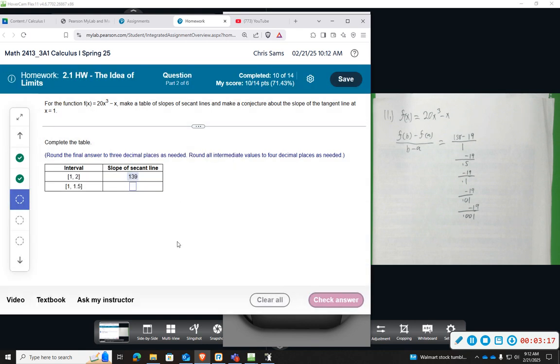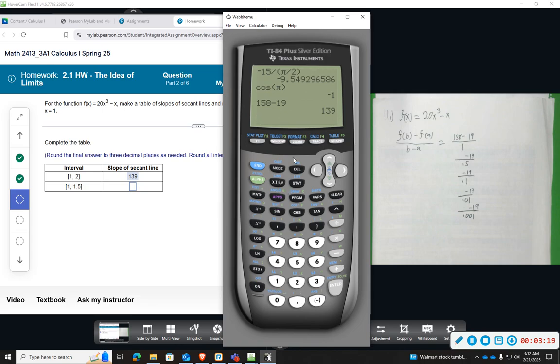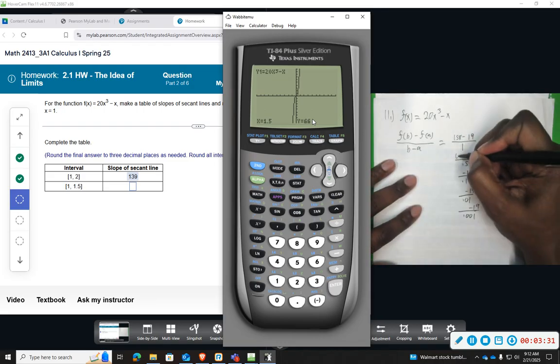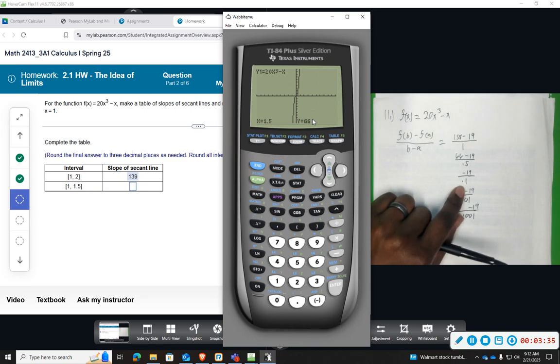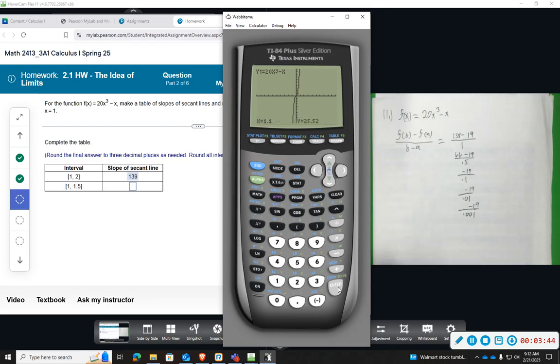And then it's 0.5, so this time we're going to go back to our graph, we're going to hit trace, and this time we're going to type in 1.5. That gives us 66. And then the next one would be a 1.1. And that gives us 25.52.